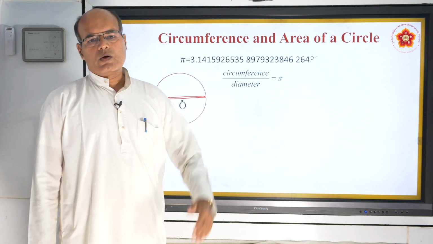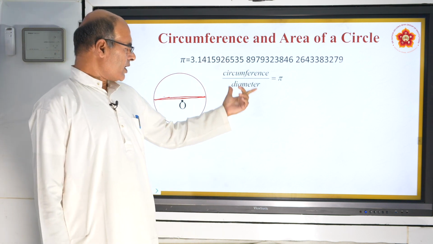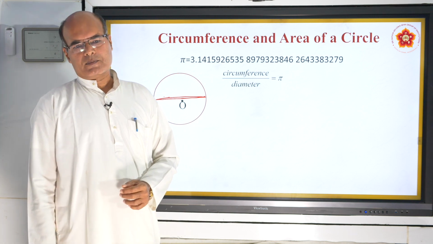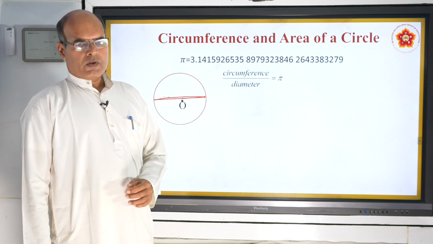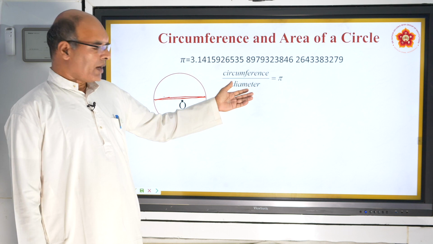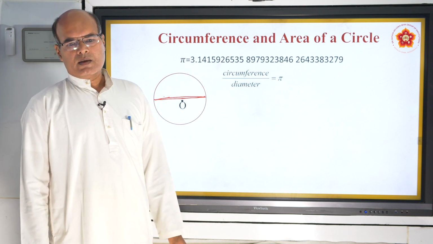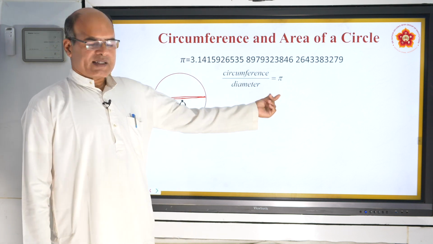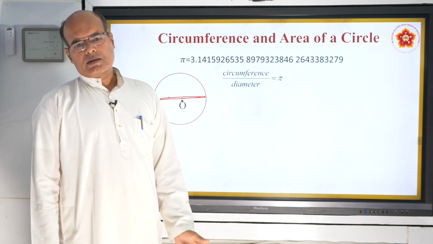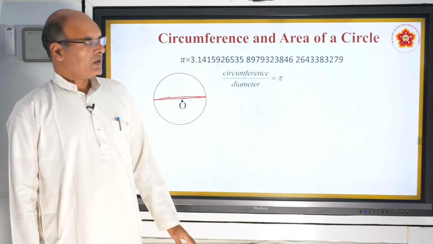Like that, they went on finding the ratio between circumference and diameter. The ratio between circumference and diameter is a constant, but the exact value is not yet found.